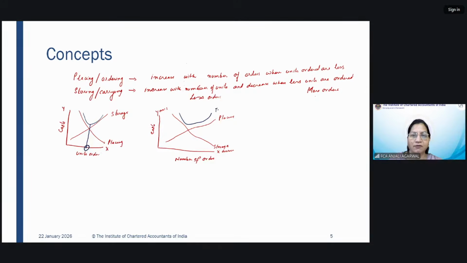So total cost. Here, when I say total cost, this total cost does not contain cost of material.